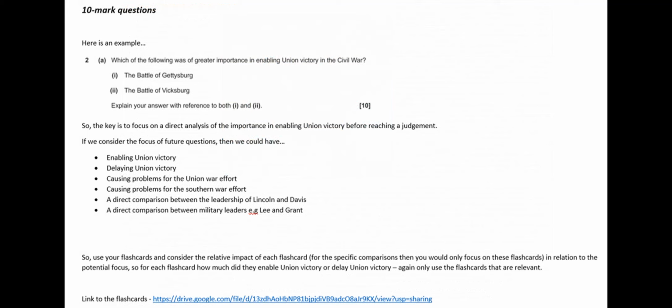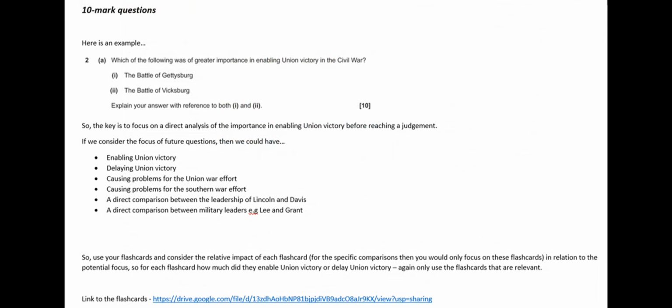So the focus of 10-mark questions, and here's an example on the Civil War. Which of the following was of greater importance in enabling Union victory? Was it the Battle of Gettysburg or was it the Battle of Vicksburg? So the key is to focus on a direct analysis of the importance of these battles in enabling Union victory before reaching a judgment.